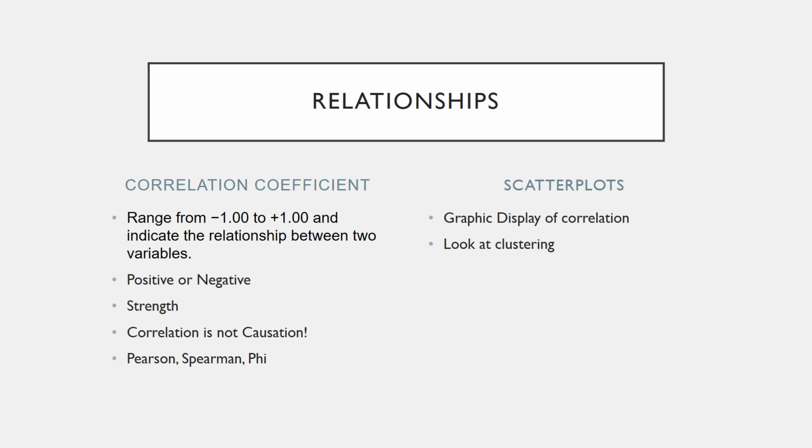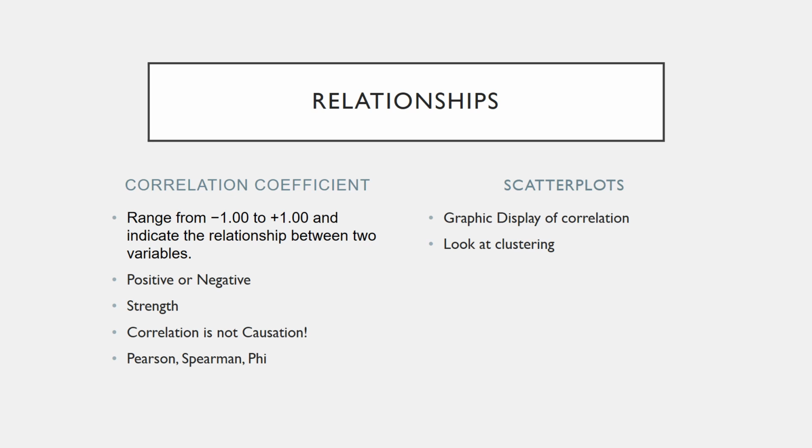These are measured from negative 1.00, which would be a negative correlation, to a positive 1.00, which is a positive correlation. We're looking at the strength of the relationships between the two and how much they move in the same way together.